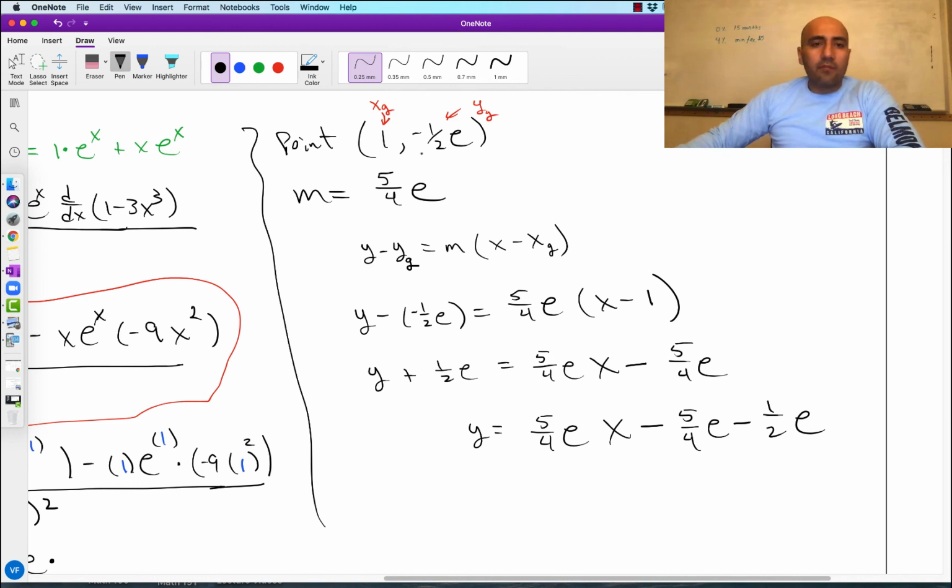So we need a common denominator. Let's make it 4. So we multiply this numerator and denominator by a 2. x minus, so we'll end up with a minus 5 minus 2 gives you a minus 7/4 e. And that's the equation of our line.